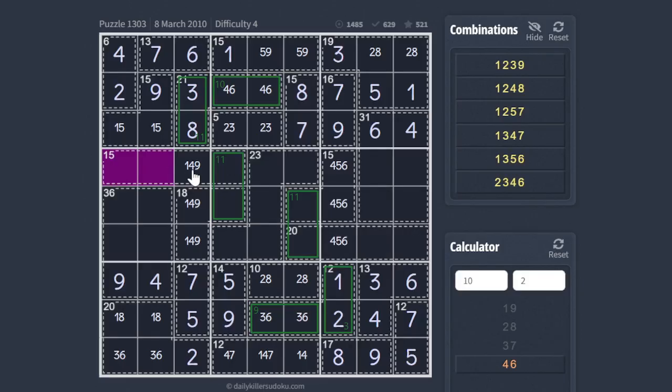All right, so how can we use that? Well, first off, if this is a 7 cage, we know it cannot contain a 9. And a 7 cage will pair with this 1, 4, leaving a 6 and a 3. So 1 and 6 make a 7, and 4 and 3 make a 7. Now, we also know that this is a pseudo 11 cage.